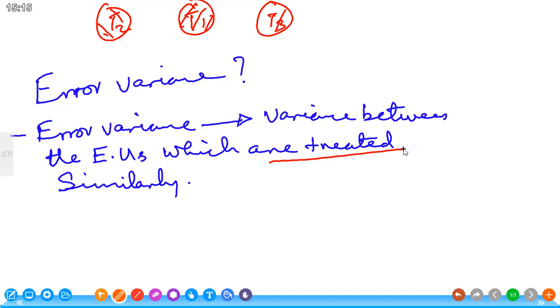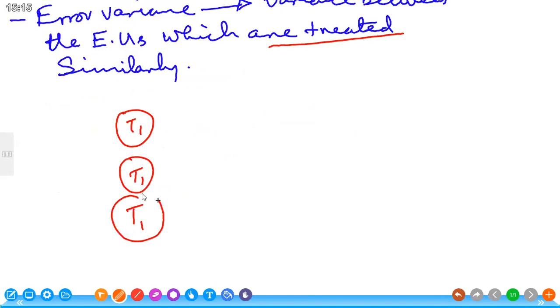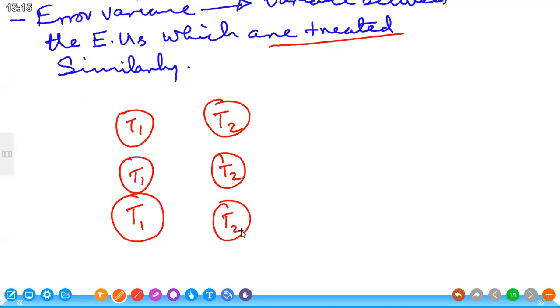For example, in my case, I have 3 units of T1, 3 units of T2, and again 3 units of T3.